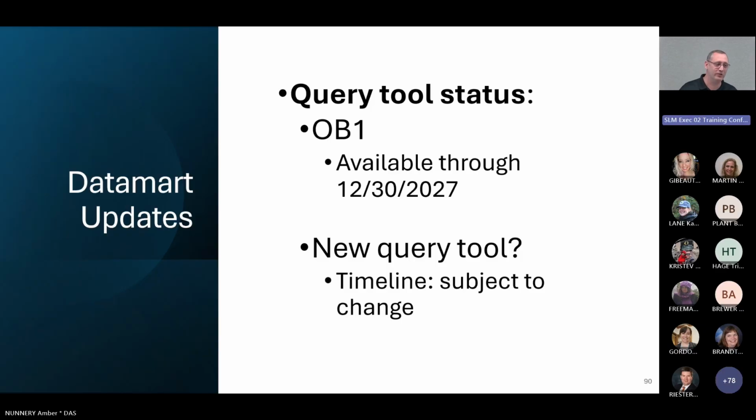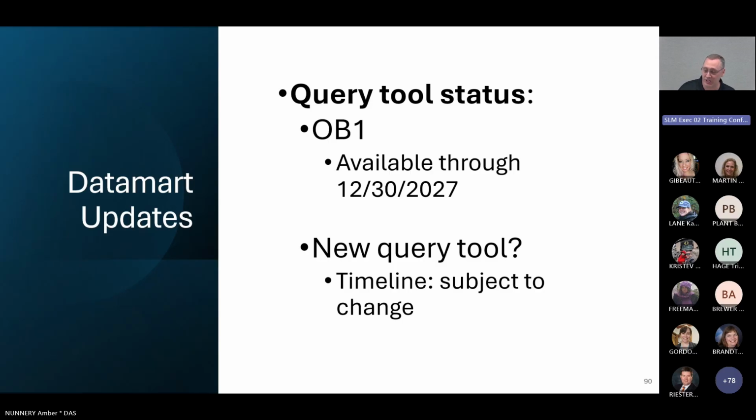All right, here's what you all want to know about. I wanted to make sure that you know that our query tool status is that OBI will be our tool through December 30th, 2027. You've probably heard that we're looking at a different tool. We have for over a year now been researching and analyzing what tool could replace OBI.